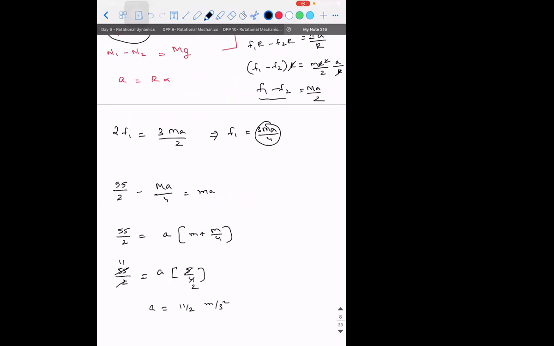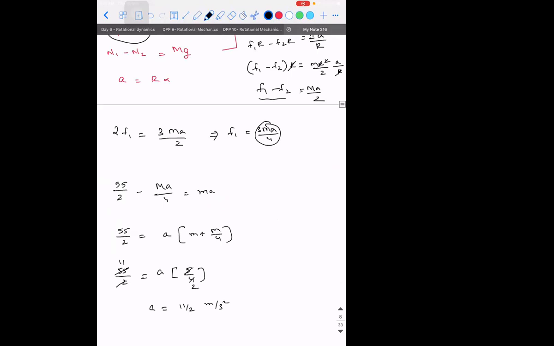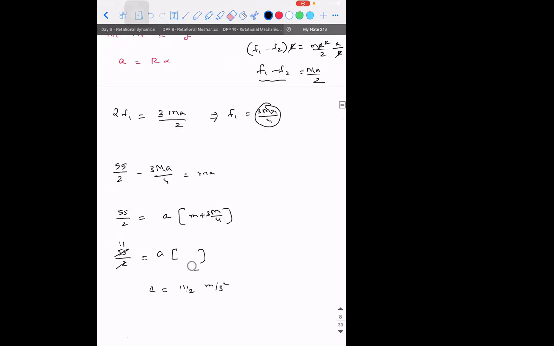Is there an option like that? None of these, sir. Did I miss something? Oh, it is 3 MA by 4. Now it's fine, right? 7 m by 4, that is 7 by 4.